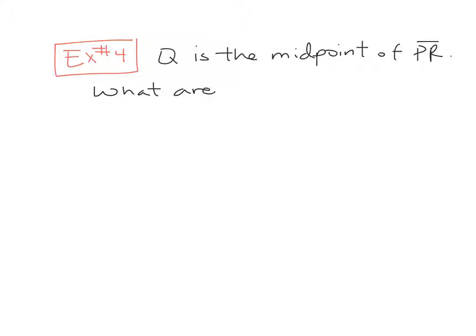So if I tell you Q is the midpoint of PR, what are PQ, QR, and PR?